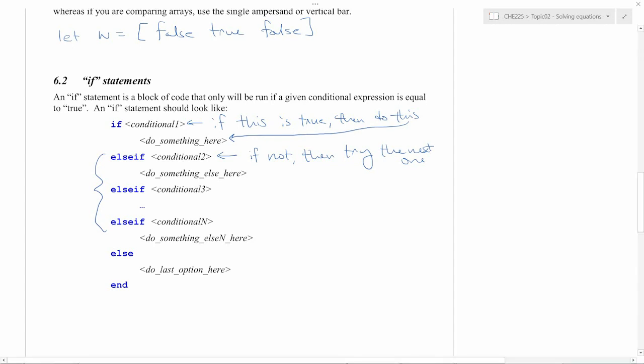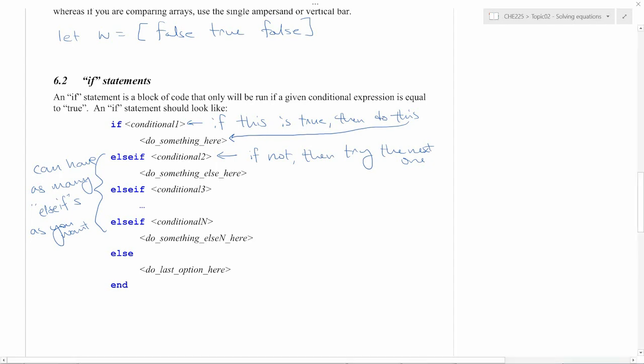And you can have as many else ifs as you want. You can have an infinite number of them, or you can have 0. You don't have to have any of them if you don't want.